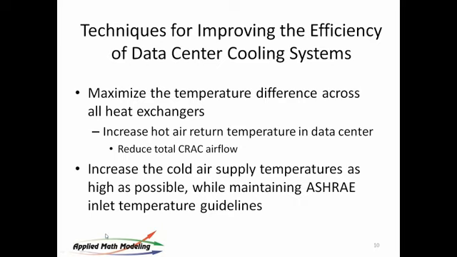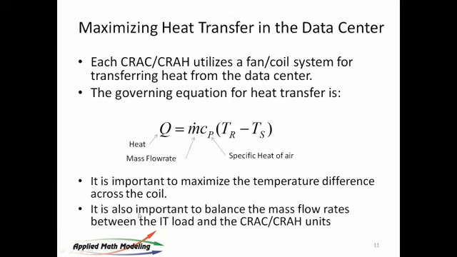And we use CFD to model the behavior as we increase supply air temperature in the data center. And it's all governed by the same equation. They use a fan coil system on both sides to transfer heat, and therefore the relationship is that heat transfer Q is equal to the mass flow rate times the specific heat of air times delta T.